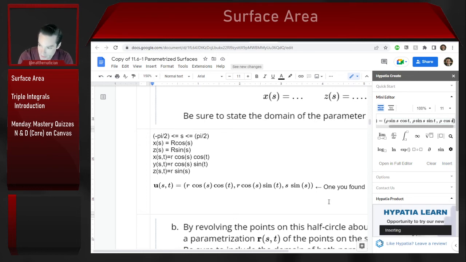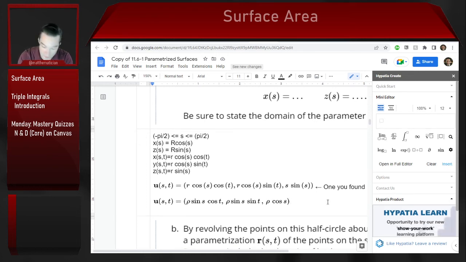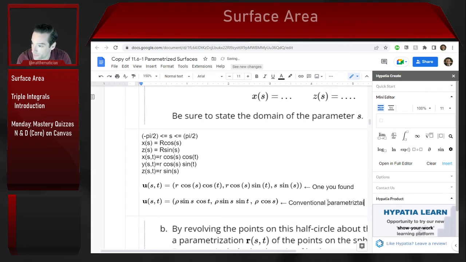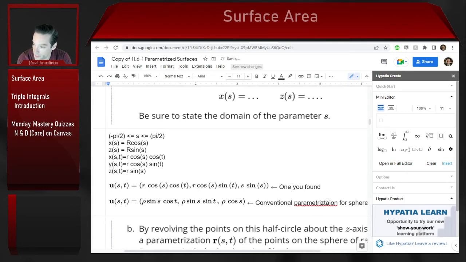And so this is what I might call the traditional, or the conventional parameterization for a sphere of radius rho.